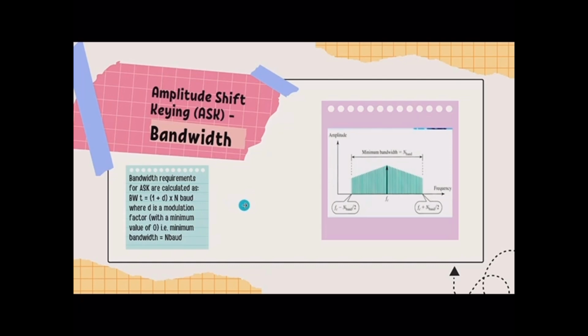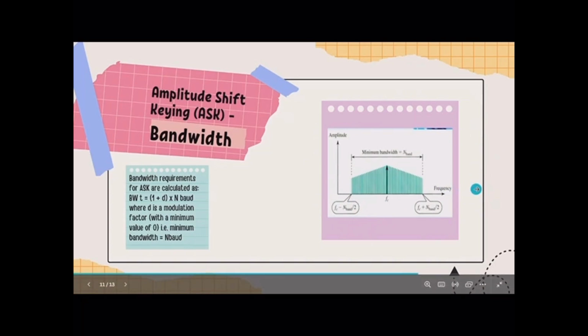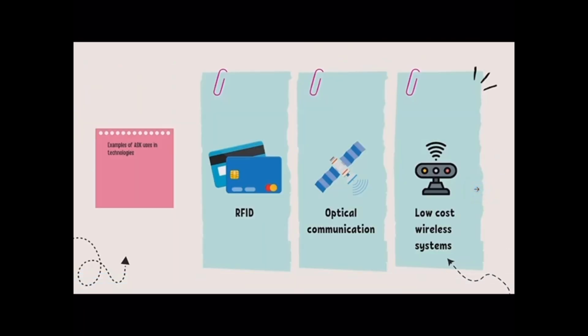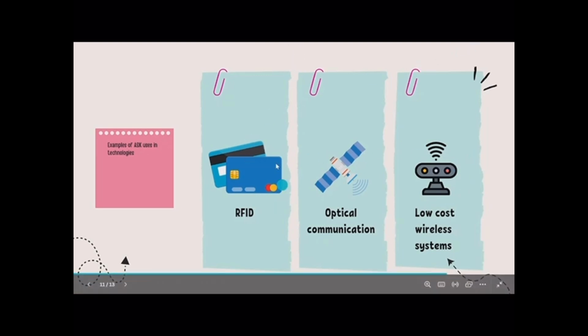The minimum bandwidth equals N baud. So this is the picture. Examples of ASK used in technology: we have three examples, which are RFID, optical communication, and low-cost wireless systems.